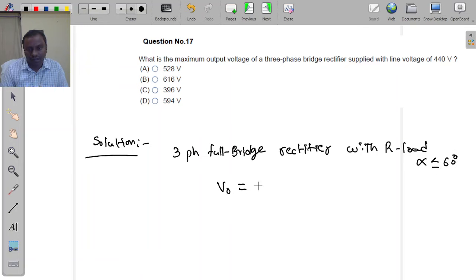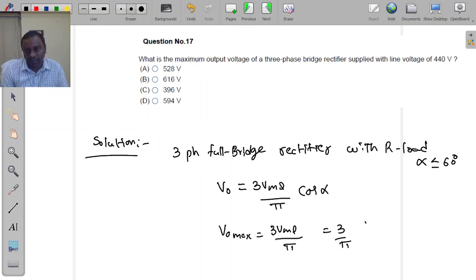The output expression is 3 VML by pi into cos alpha. So the maximum voltage is 3 VML by pi. So 3 by pi into maximum line value, in the sense root 2 times the RMS value of the line voltage.